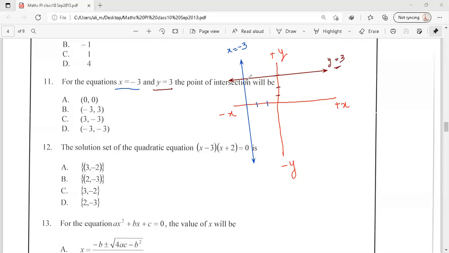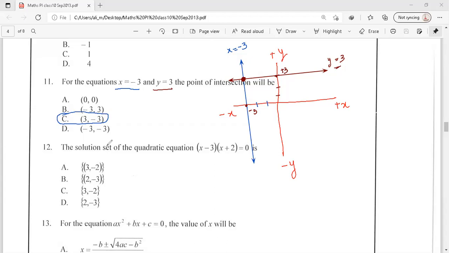So the point of intersection is this point, and the value of this, as we can see, is x equals minus 3 and y equals plus 3. So the correct answer for this question will be x minus 3, and for y it is plus 3. So option C will be our right answer.